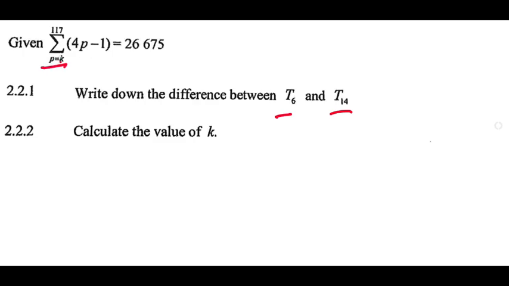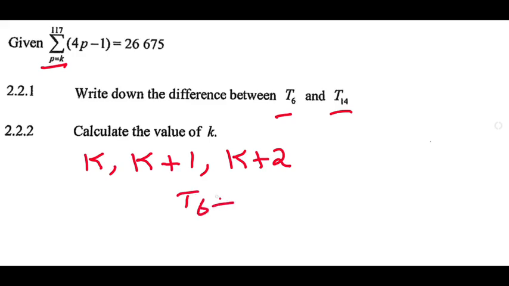So here, P is equal to K. The first term will be K, second term will be K plus 1, third term will be K plus 2, and so on, and T6 is equal to K plus 5, and T14 will be K plus 13.